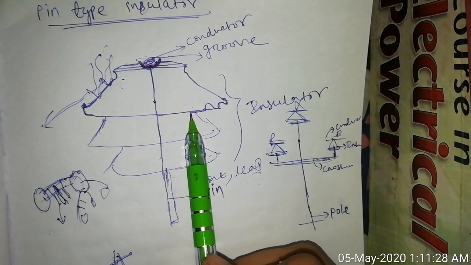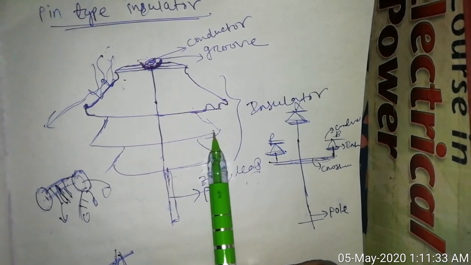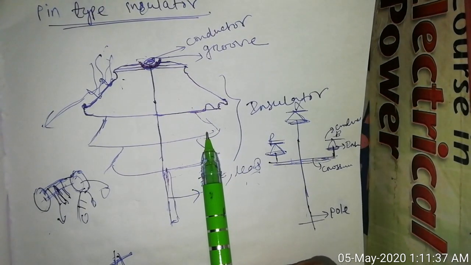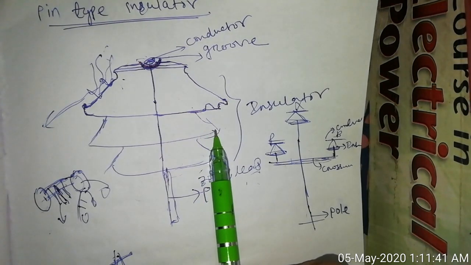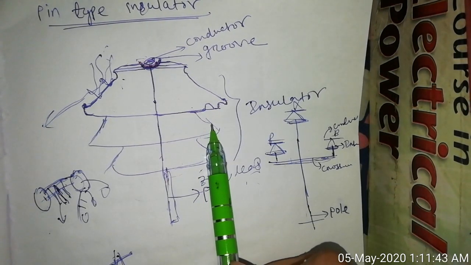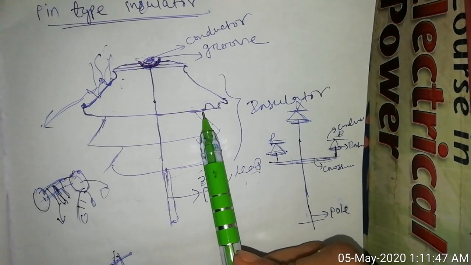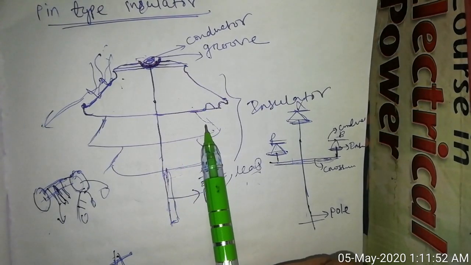Why do the inner sides need to be dry? If the inner sides are dry, then sufficient insulation resistance will be achieved. But if the inner edge gets wet, the insulation resistance drops, leakage current will flow, which will destroy the insulator. I think I have cleared your doubt regarding why the shape of a pin type insulator is like this. So, thank you.